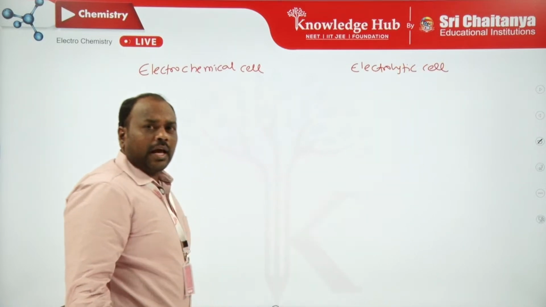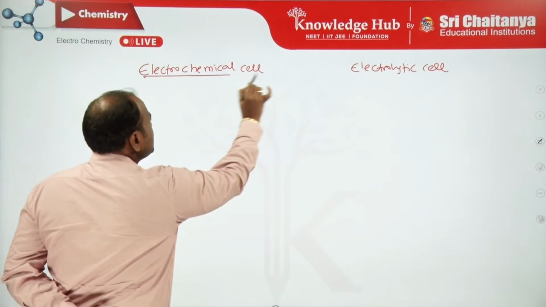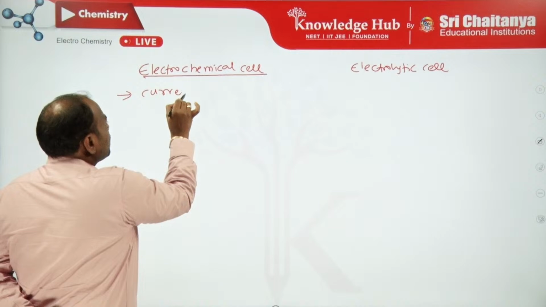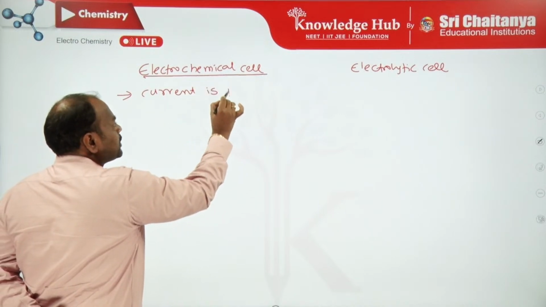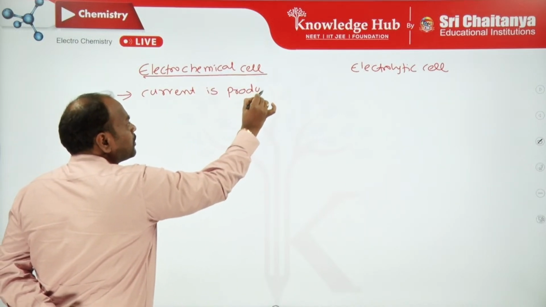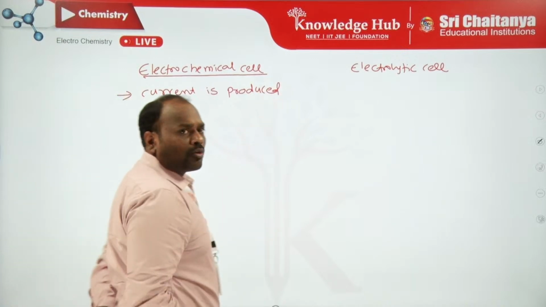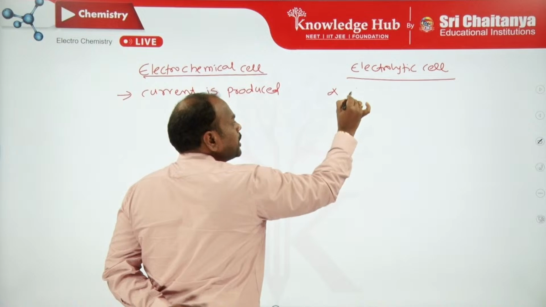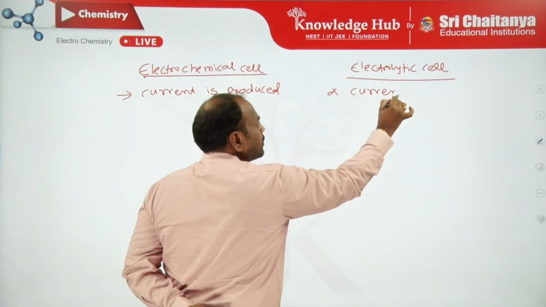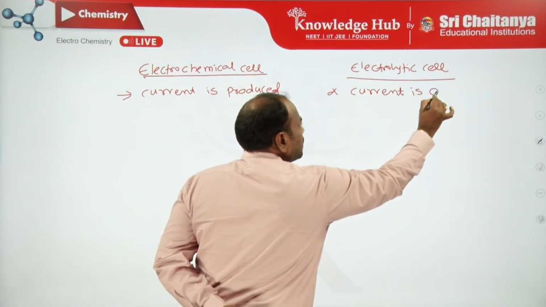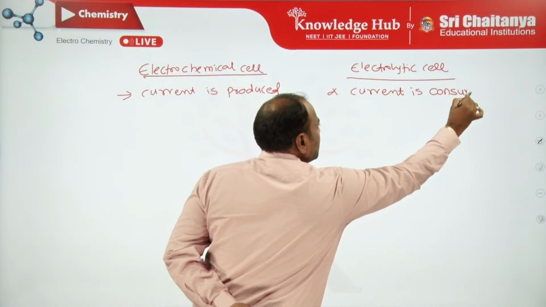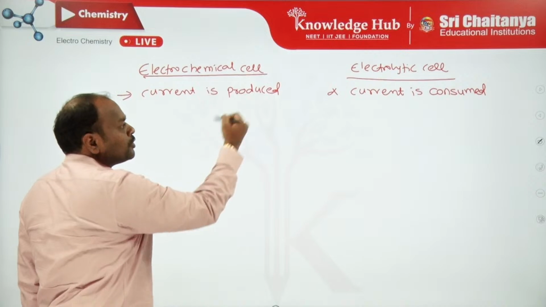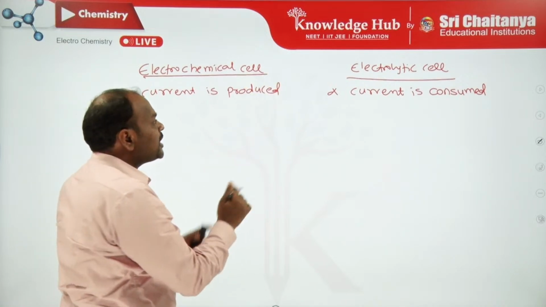So, in the electrochemical cell, what is the first point? Current is produced. What about the electrolytic cell? In the electrolytic cell, current is consumed. Here current is produced, there current is consumed. This is the major difference.